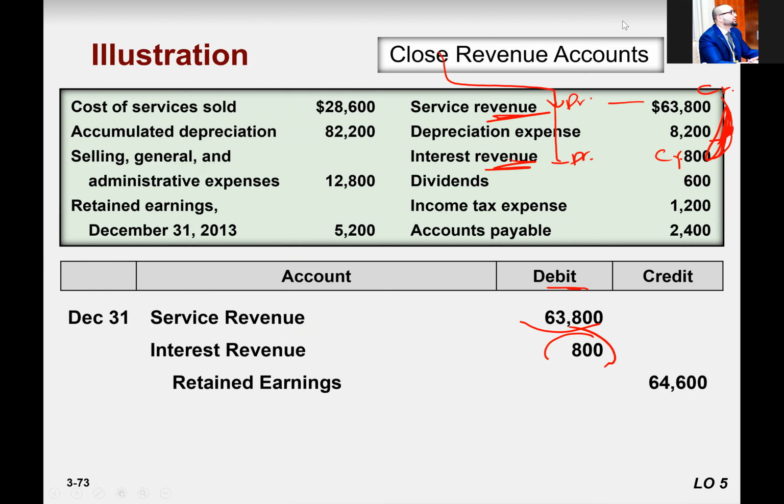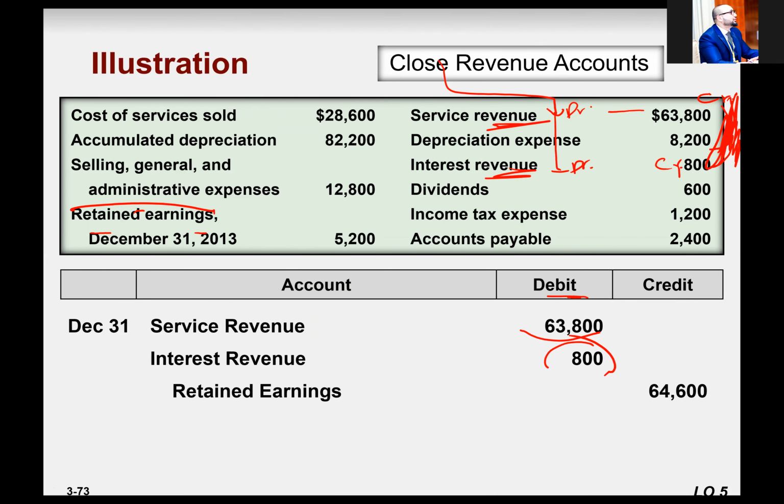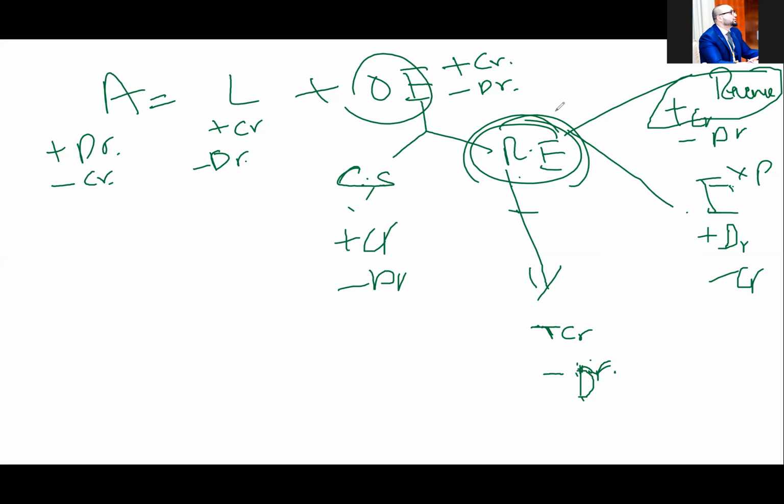So we close down. Close down means we make a reverse entry. The nature of the balance is credit, so we make it debit. Against every one of the three accounts must be retained earnings, and the logic, I already explained, is because these belong to retained earnings. Revenue belongs to retained earnings, expense belongs to retained earnings, right?